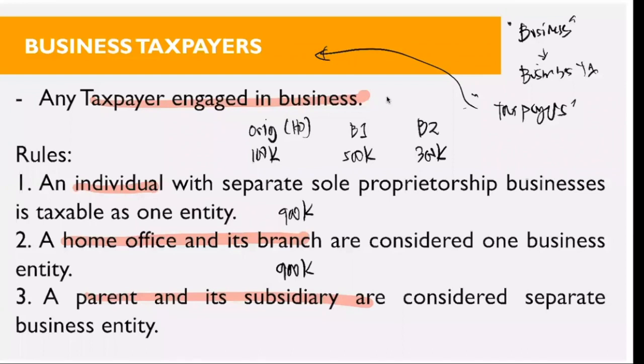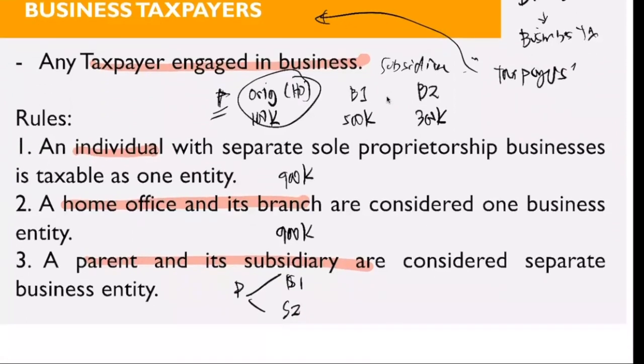And the subsidiary are the business entities controlled by the parent. So for example, we have here the original or the home office is considered now the parent. The branch 1, branch 2, or business 1, business 2 is considered the subsidiaries. So in short, the parent controls subsidiary 1 and subsidiary 2.